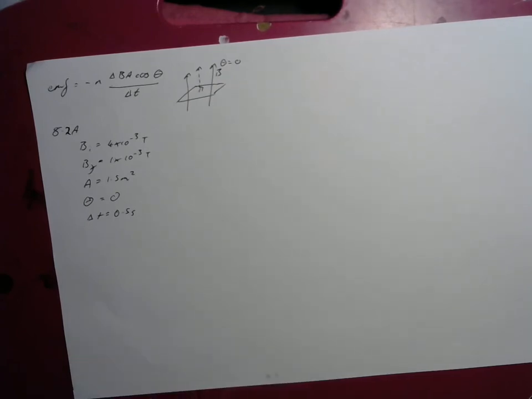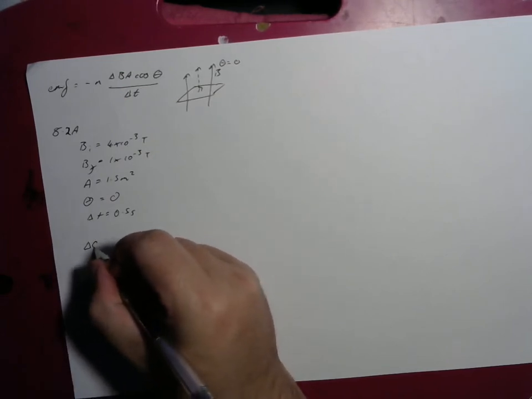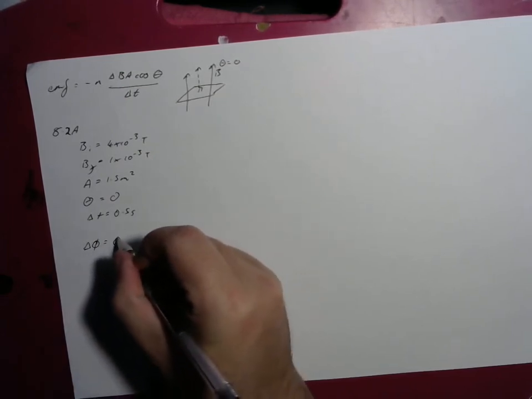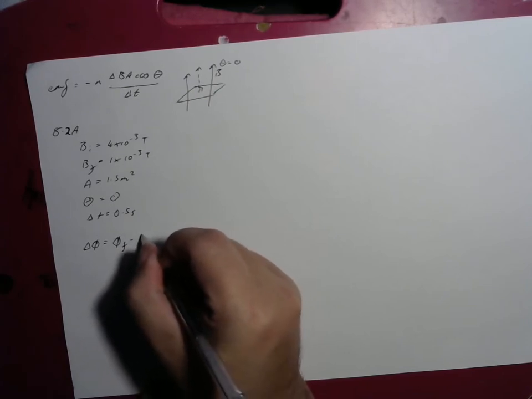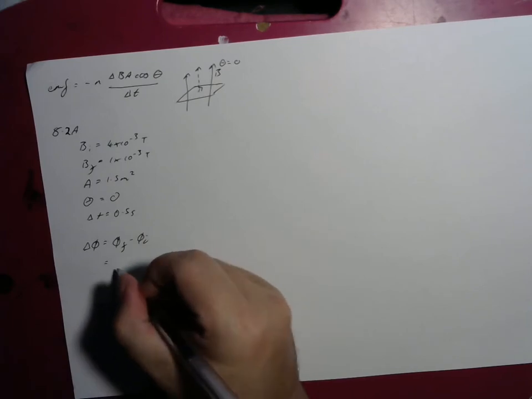Now, it asks us to work out the change in flux. Remember, that's just the top of our scenario here. So let's do it in a couple of different ways. Change in flux equals flux final, take away flux initial. Remember, this is our definition for a change.